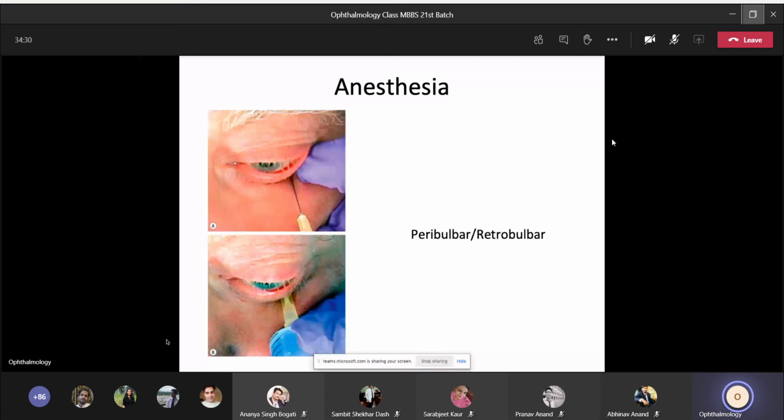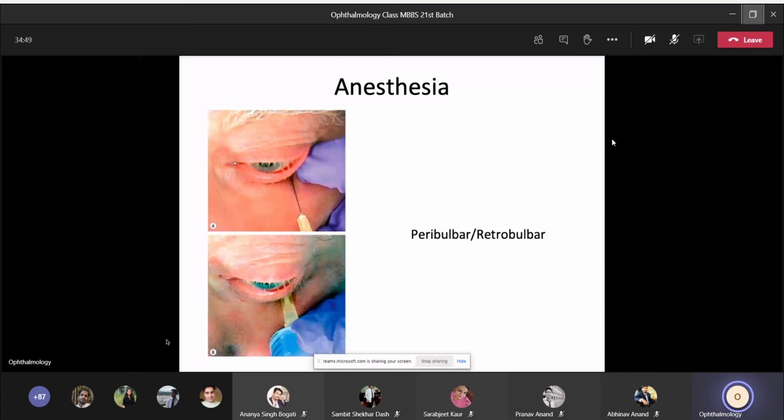We inject the anesthesia either in the peribulbar space, that is the space around the eye globe, or retrobulbar, that is the space behind the globe.